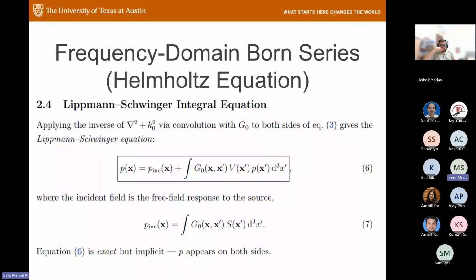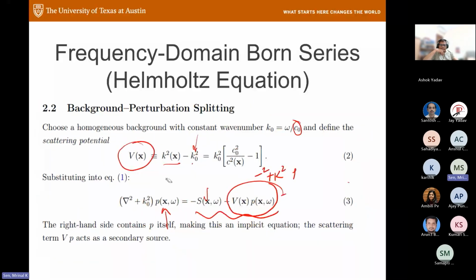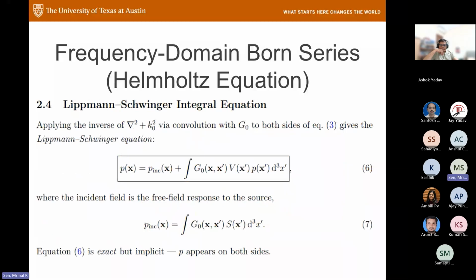Now, if I look at this equation, remember, please pay attention to this. What is this equation telling you? That this is my extra source term, right? So if I take the Green's function and convolve it with my extra source function, I can get the wave field P, right?